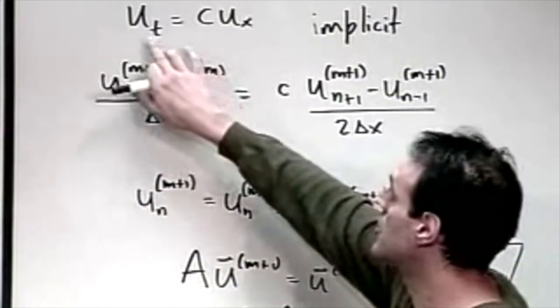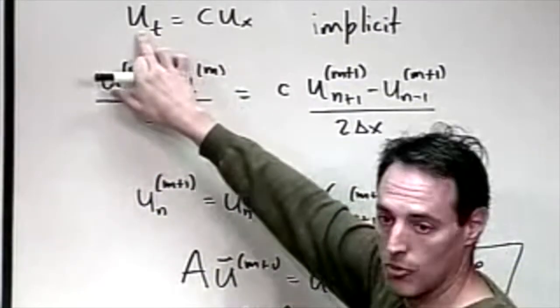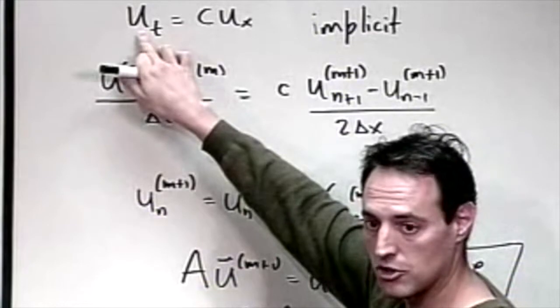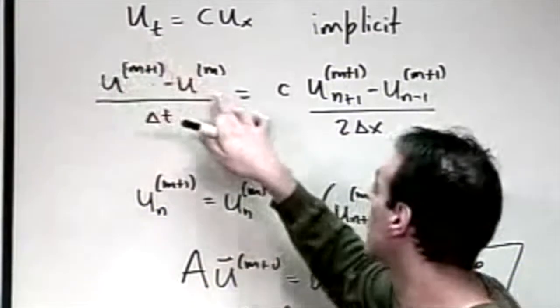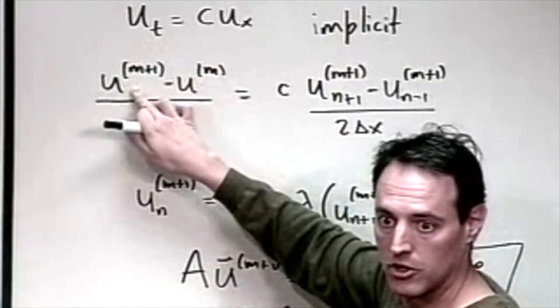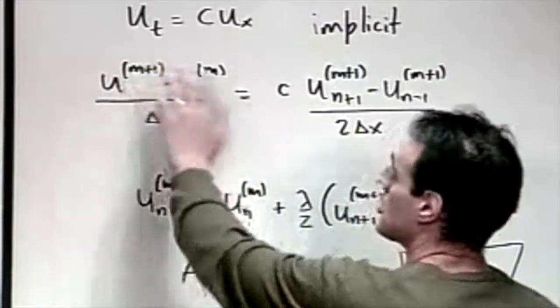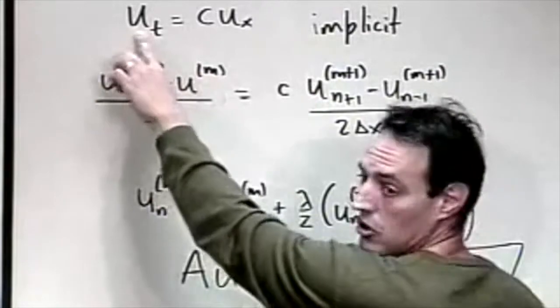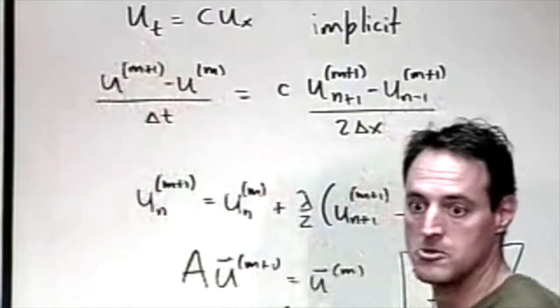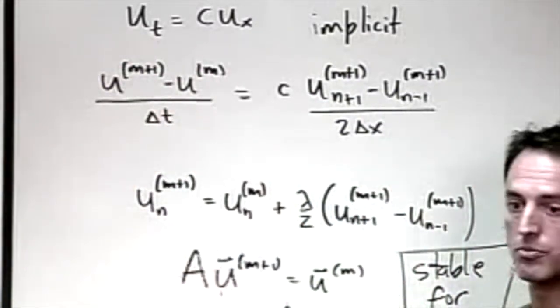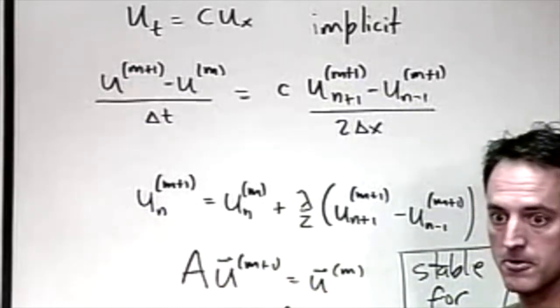So here I'm trying to take a slope in time. So I need two points in time. So I'll take the current point and a future point. No, just to determine the slope, right? So this is just a slope formula, rise over run. And I'm just going to use the current point and the future point to determine what my slope is.